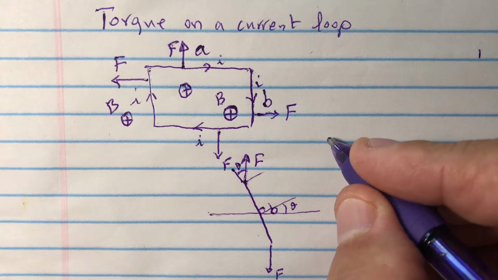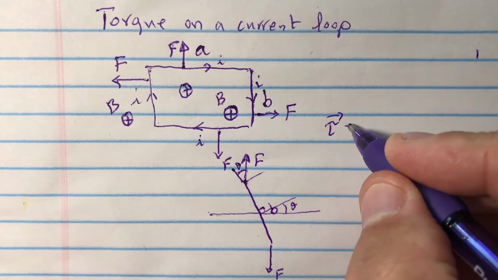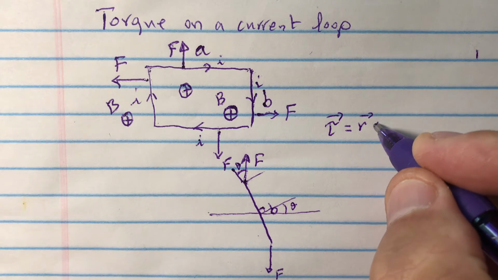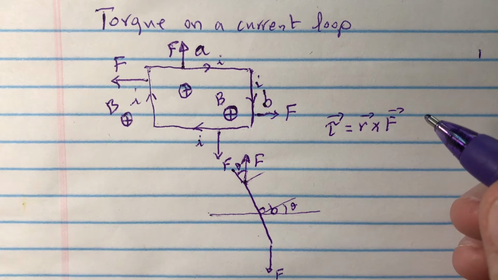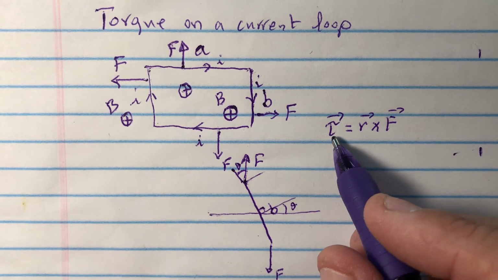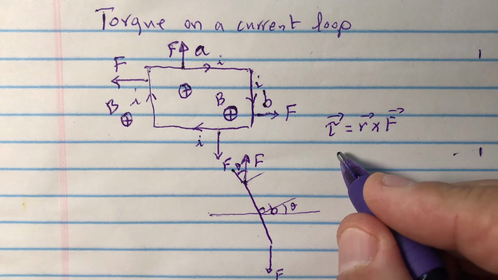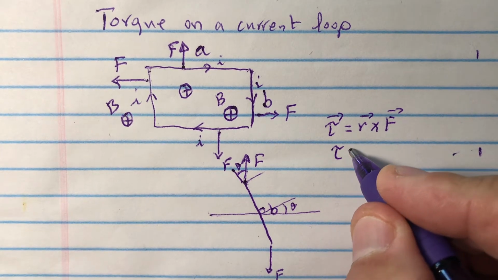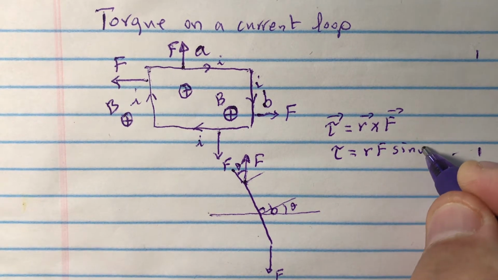So the torque, I put here, torque is equal to R cross F. Now, this torque, which is R cross F, we can change to magnitude. We put torque is equal to R F sine theta.